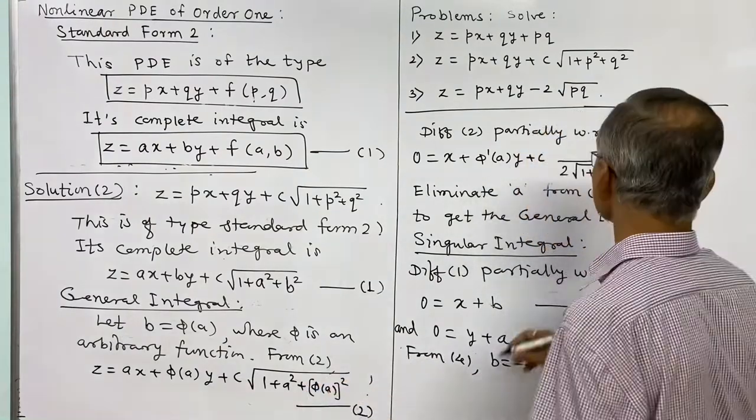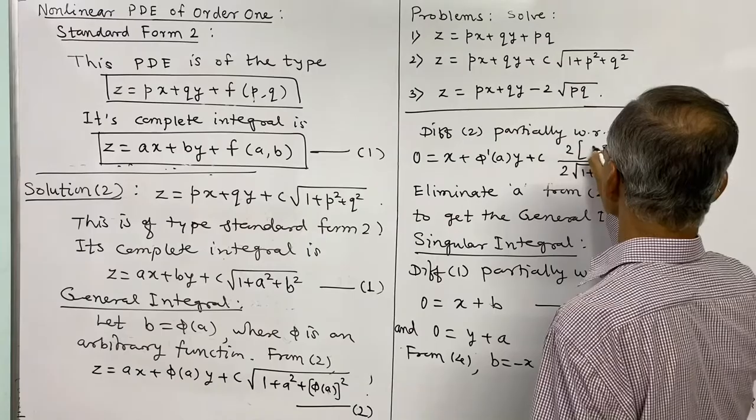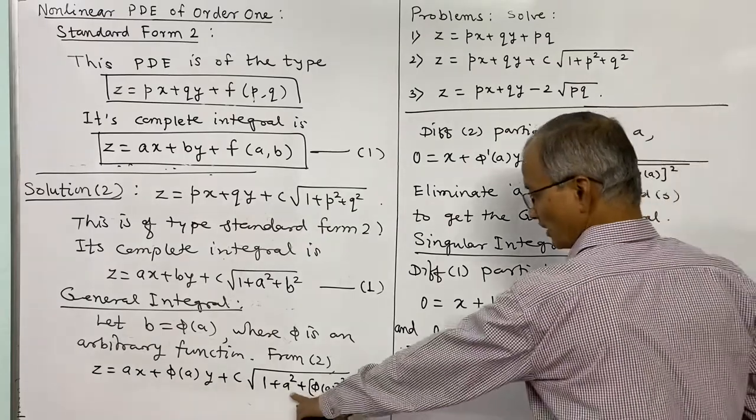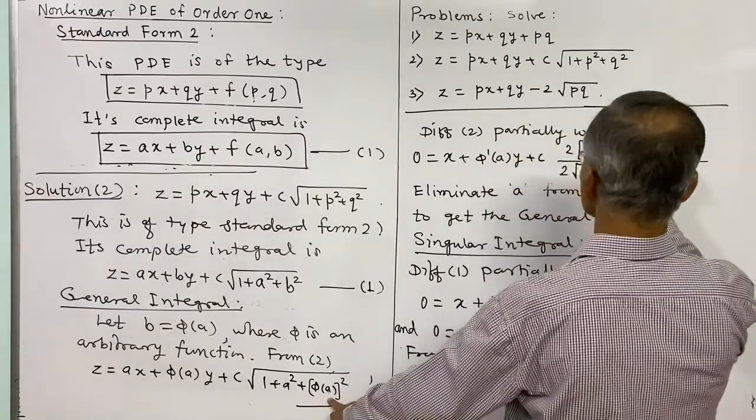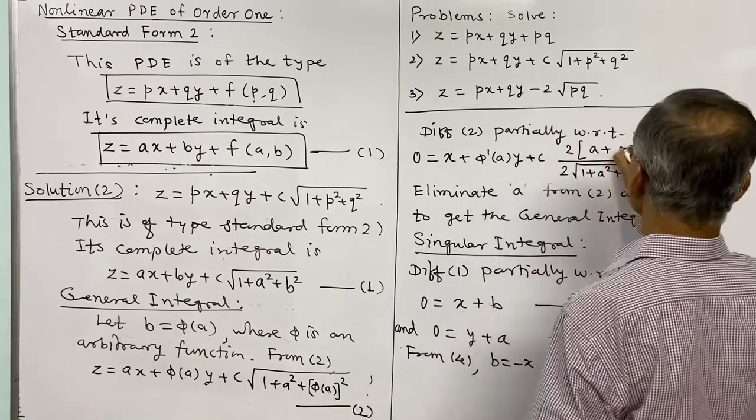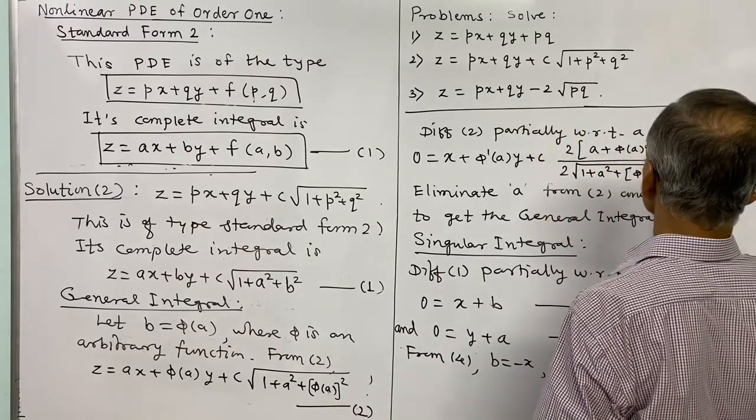So 2 is common, and in the bracket it will be a plus phi of a into phi dash of a.